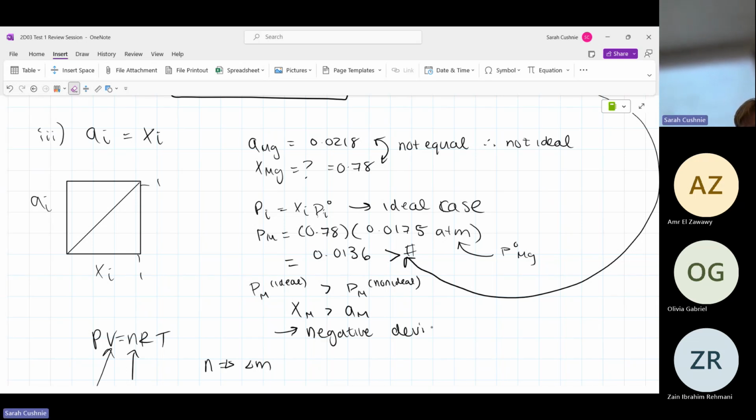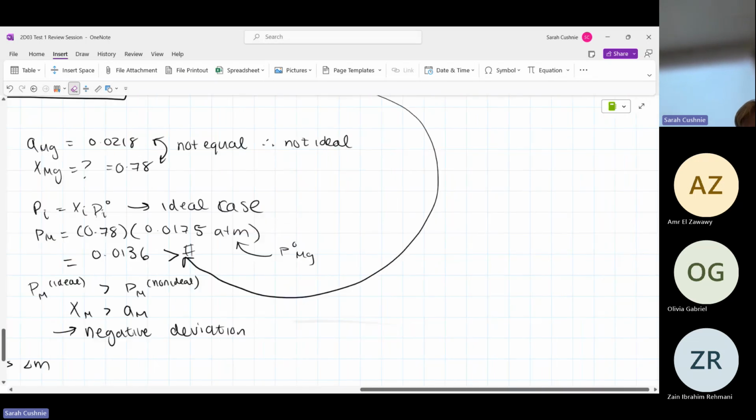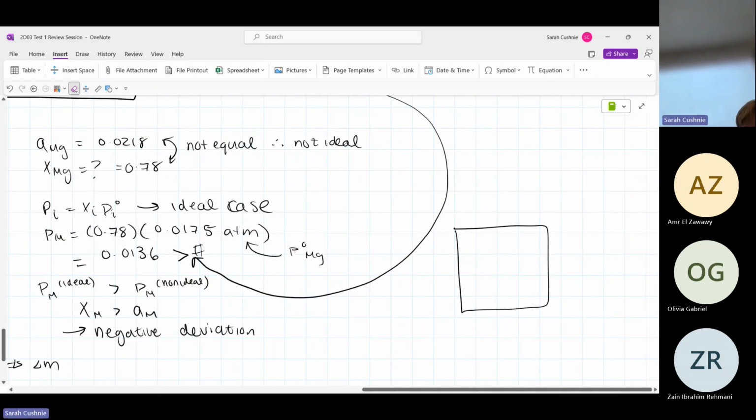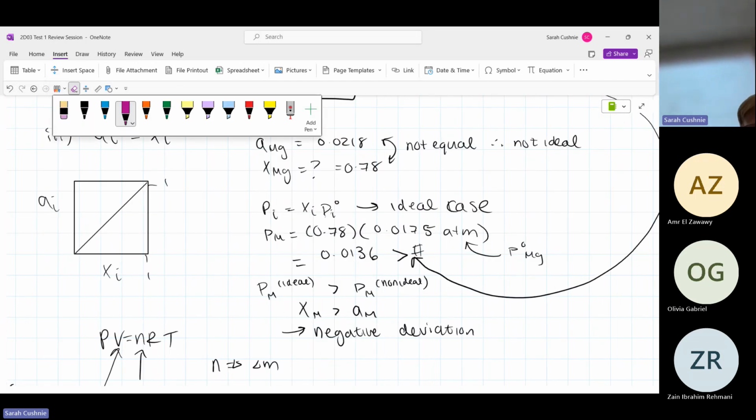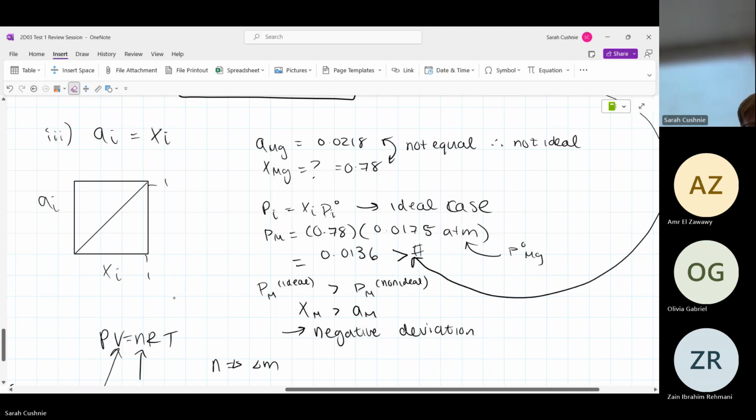The reason we know it's negative deviation, you could go through the math, but I like to think of it graphically. I drew the activity on the y side there. For a given x_i value, let's say 0.5, this is going to be greater than whatever the activity is. So if the activity was equal it would be here, but we know that x_i is bigger, so the activity is going to be somewhere like here instead.